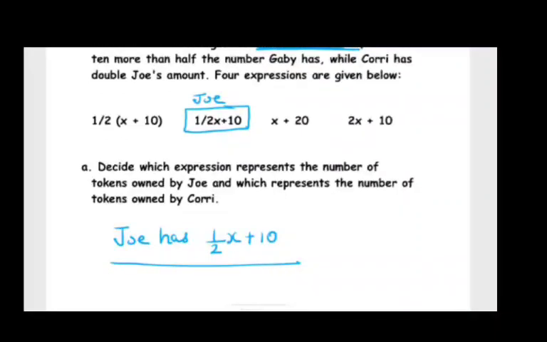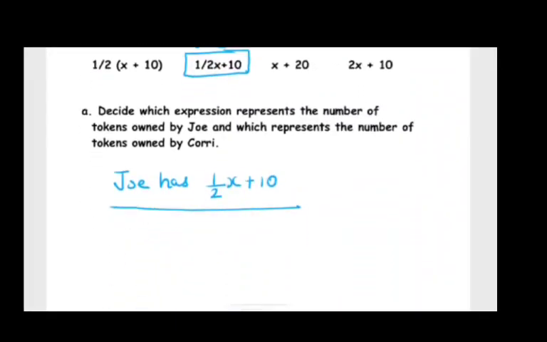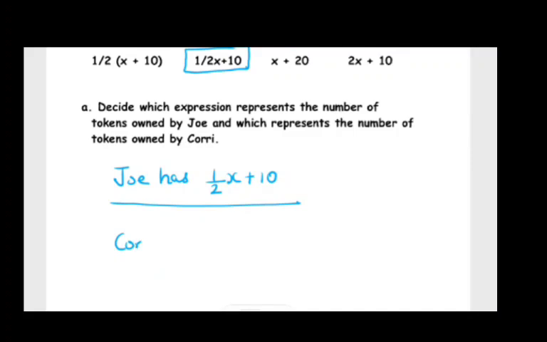Now they also want which represents the number of tokens owned by Corey. So we are done with Joe. Joe has 10 more than half the number Gabby has, while Corey has double Joe's amount. So this is Joe's amount. So Corey has double of Joe's amount.